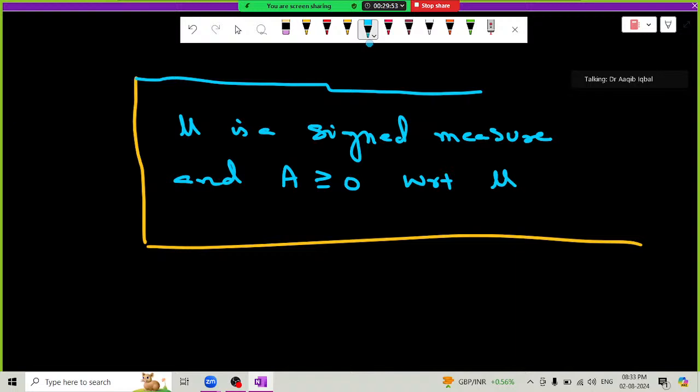Mu is a signed measure. You can easily check that minus mu is also a signed measure. In fact, you can easily check this.